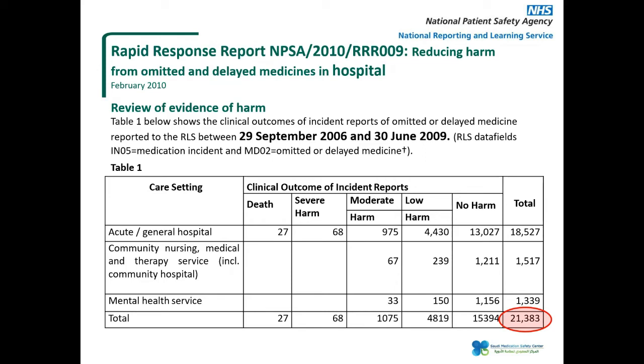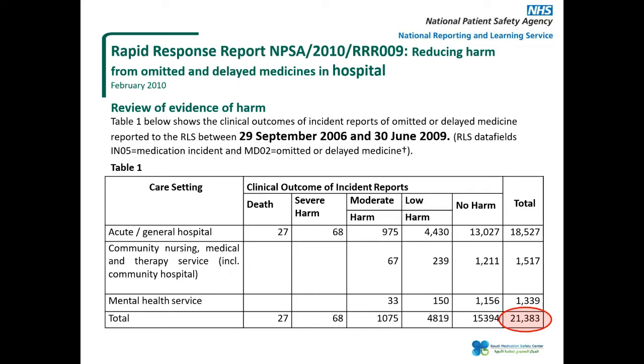So what sort of medications might that be? Well, if a patient with heart failure has pulmonary edema and they need to have a diuretic, if that medication is delayed, the pulmonary edema can get worse and they could have a respiratory arrest and die.